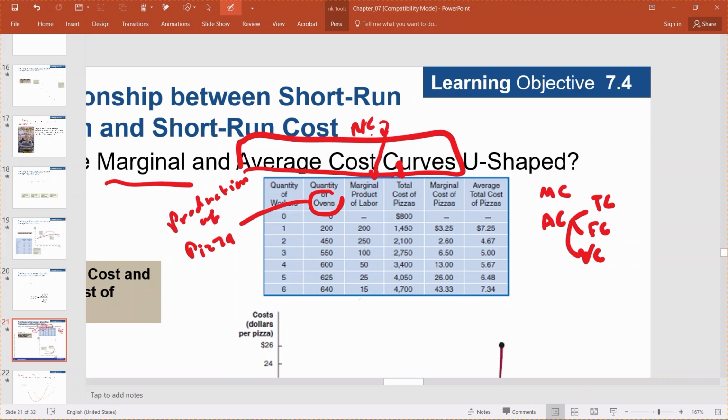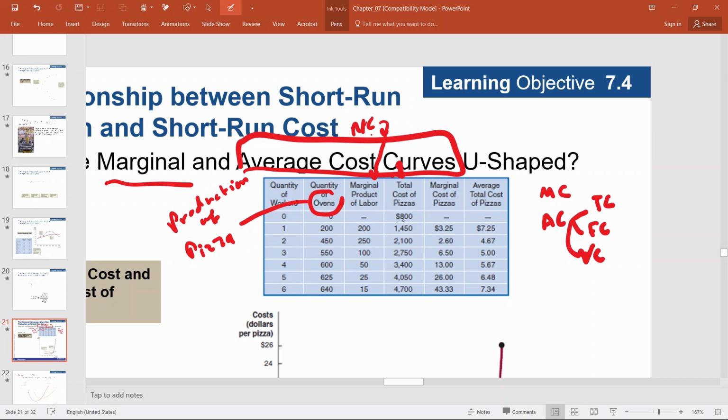And this is total cost. If you remember, it is variable cost plus fixed cost. Fixed cost is 800 at level 0, because if the firm doesn't produce, it still has to pay this 800 because it's fixed cost.